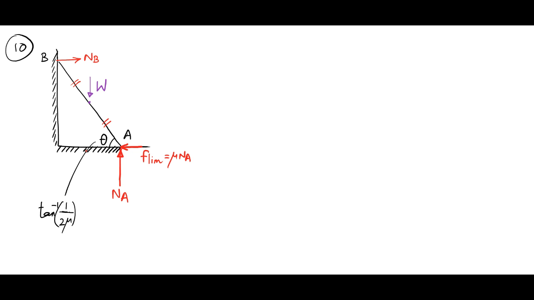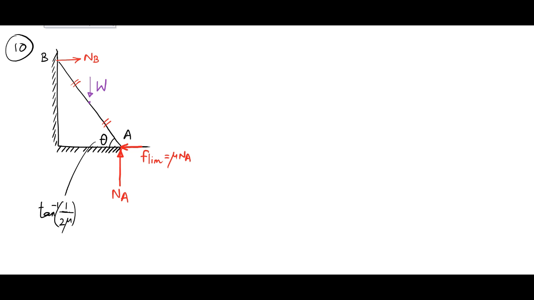In that question we found theta finally was tan inverse of 1 upon 2 mu. It doesn't seem to depend on the value of W. If I had taken W1 in place of W, or W2, or twice W, that weight would anyway have not played any role in the evaluation of theta. Theta would still turn out to be tan inverse of 1 upon 2 mu.